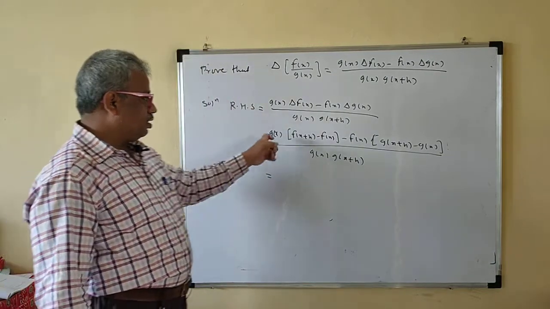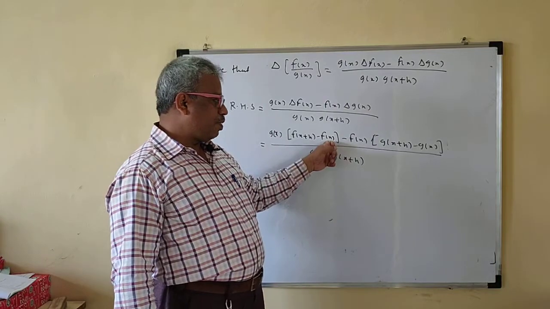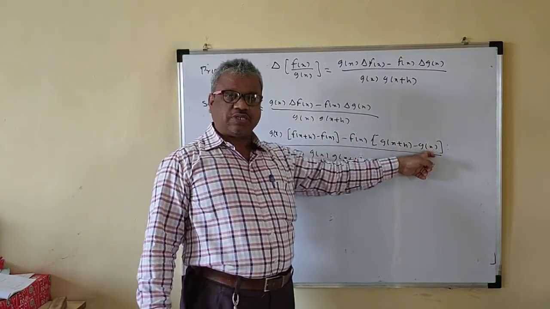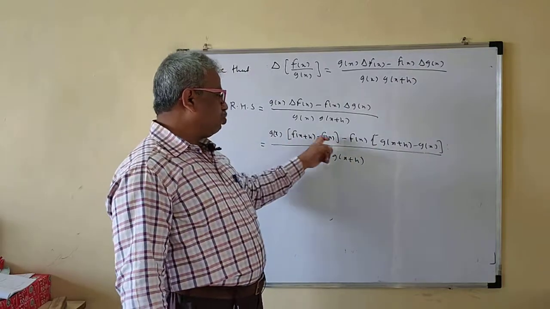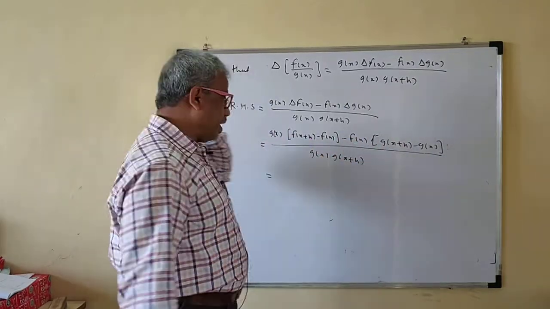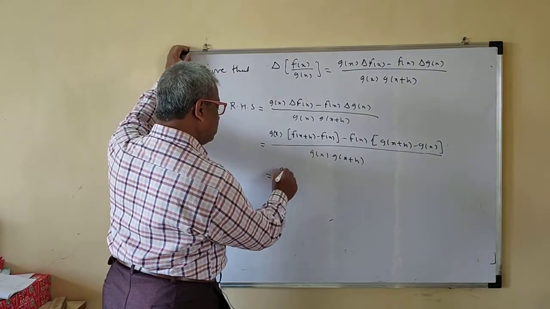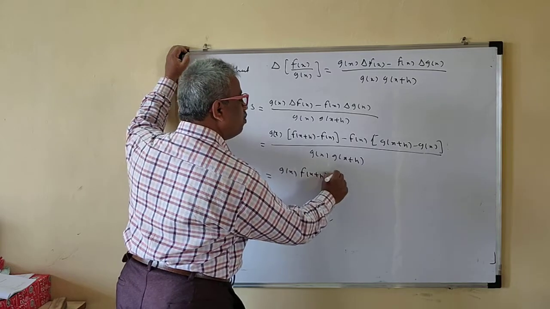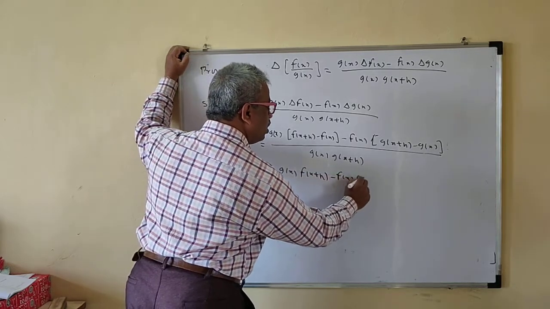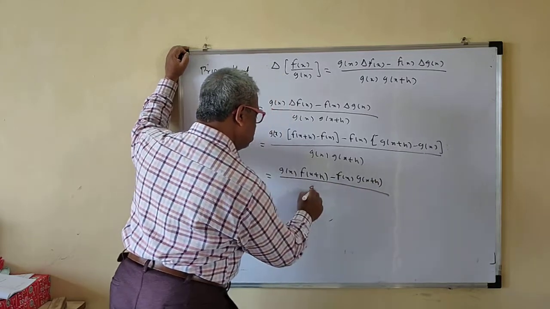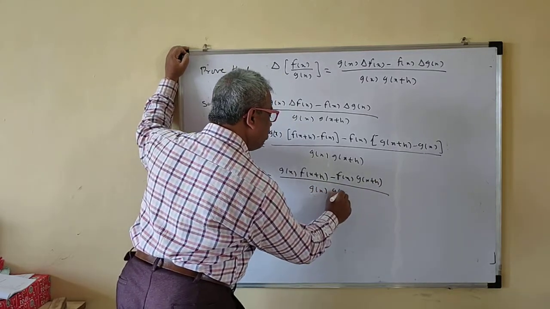Now see this g of x f of x, this is minus and this minus must become plus f of x into g of x. So f of x into g of x is here, but this is minus, this is plus now here. So it will get cancelled. So only these two terms remain. g of x f of x plus h minus f of x into g of x plus h upon g of x into g of x plus h.